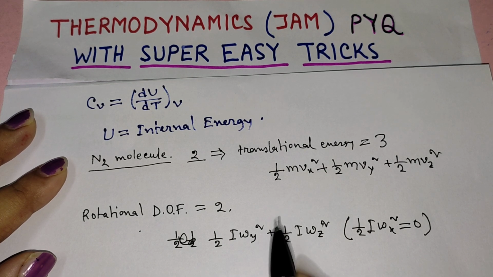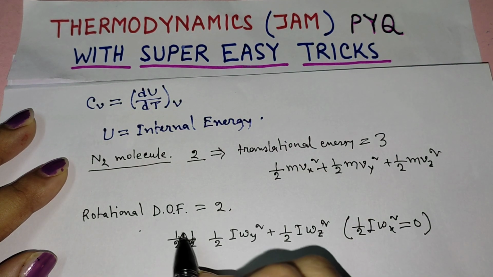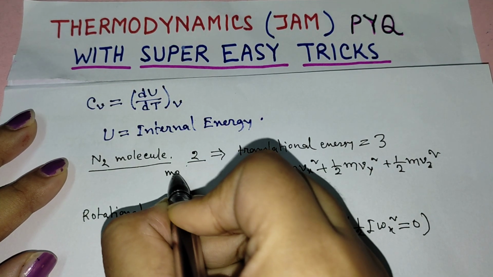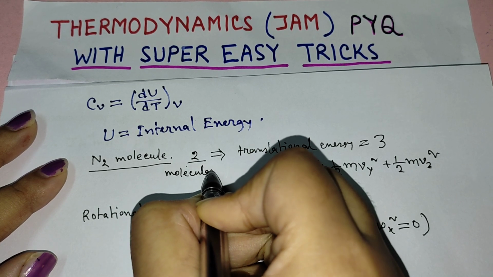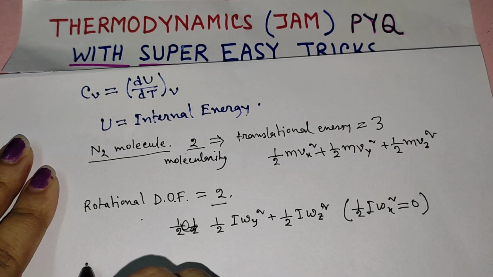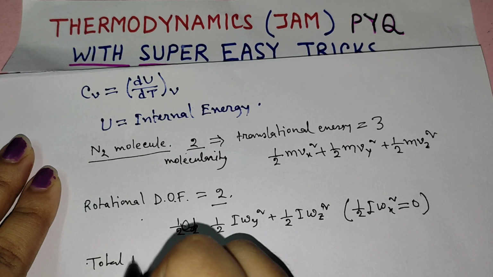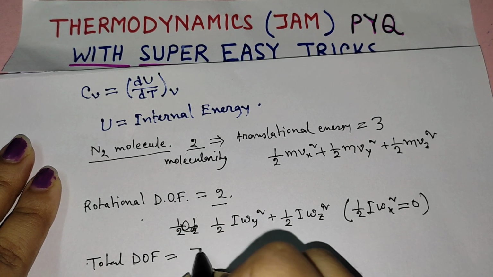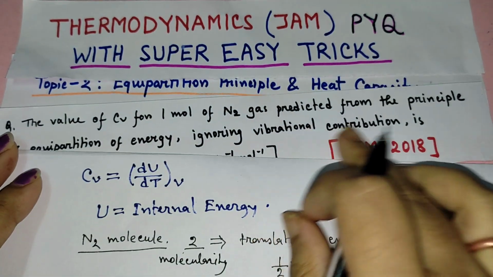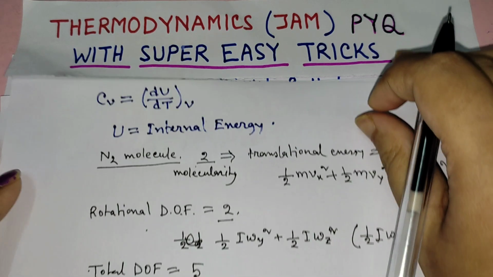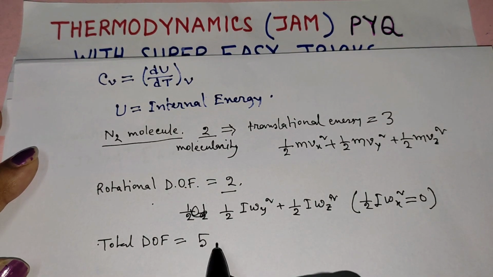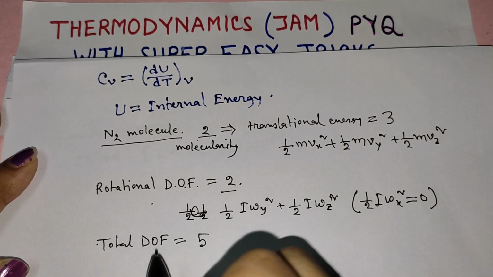As nitrogen is a linear molecule, the rotational degrees of freedom should be 2. This 2 is the molecularity. So the total degrees of freedom is 5. We are not counting the vibrational contribution, only rotation plus translation. Now each degree of freedom will contribute half kT.